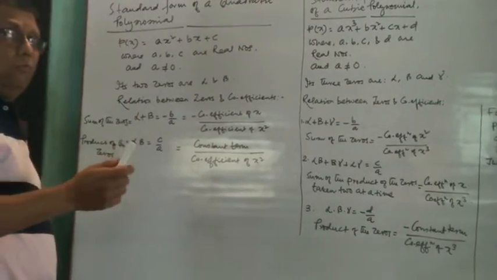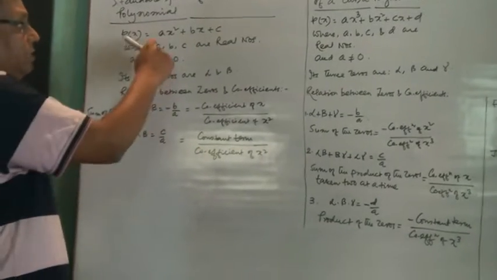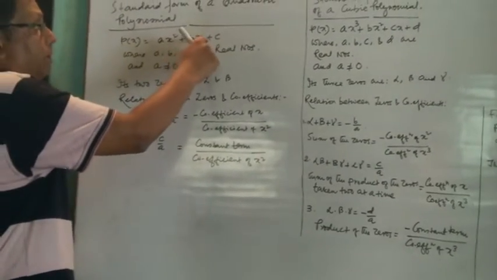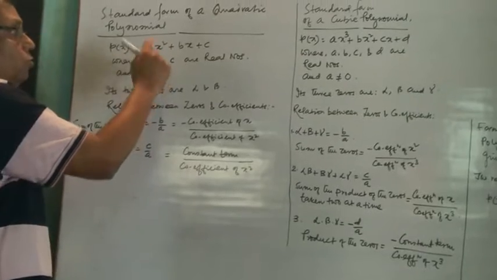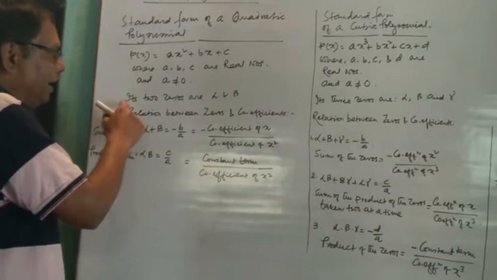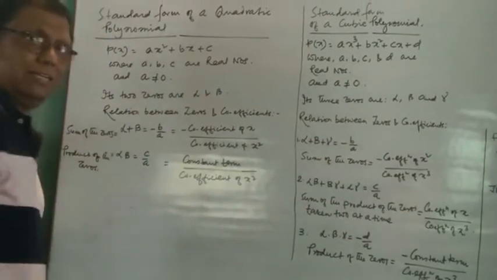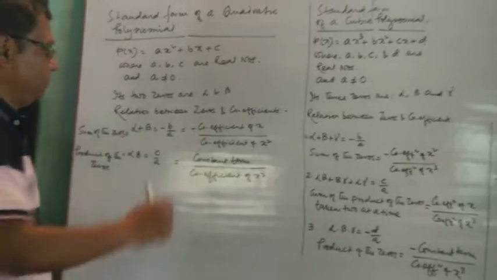And we know that there is a relation between the degree and zeros. Since the degree of a quadratic polynomial is 2, it will have 2 zeros at most. Its 2 zeros are alpha and beta.